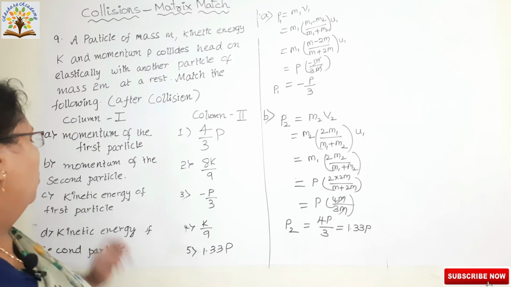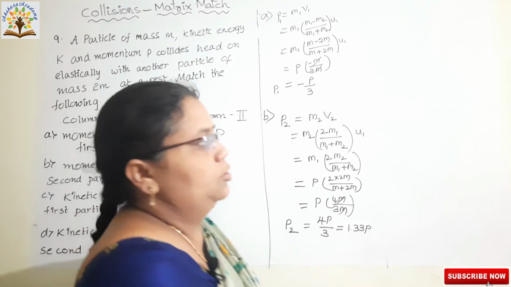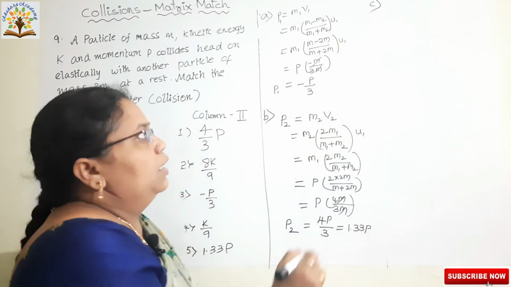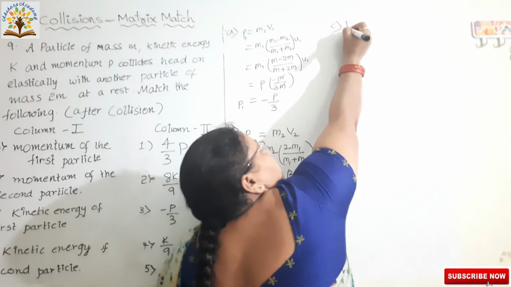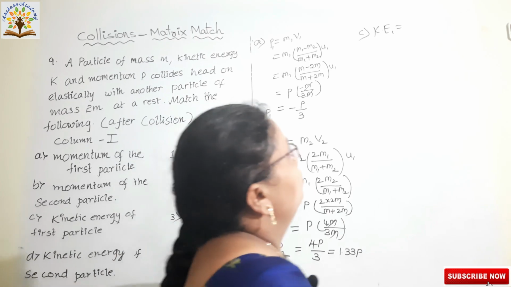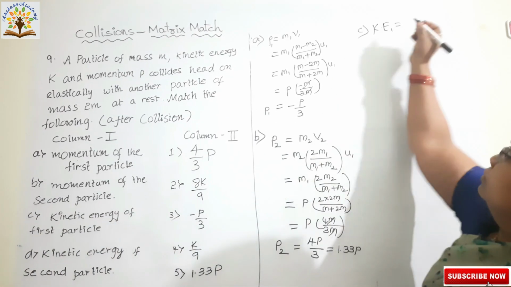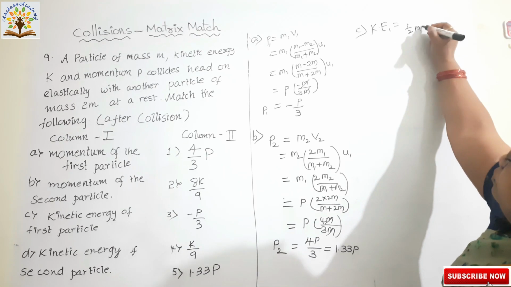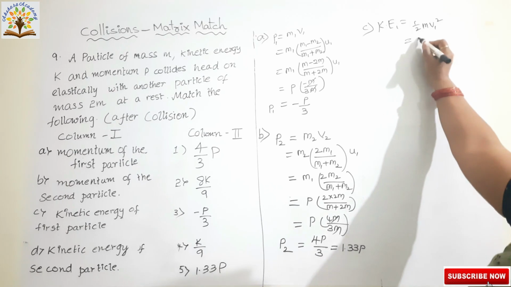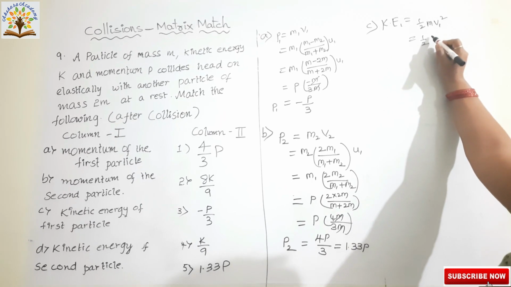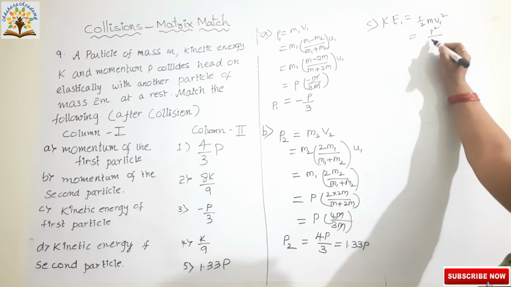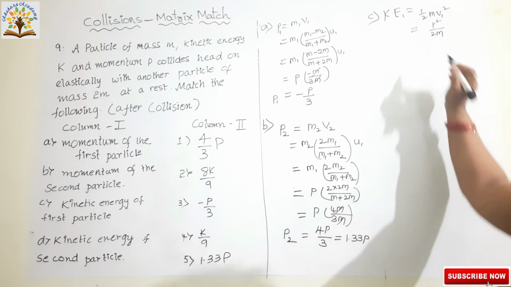Now the kinetic energy of the first particle. Kinetic energy of the first particle KE1 is equal to half m v1 square, that can be written as p square by 2m.